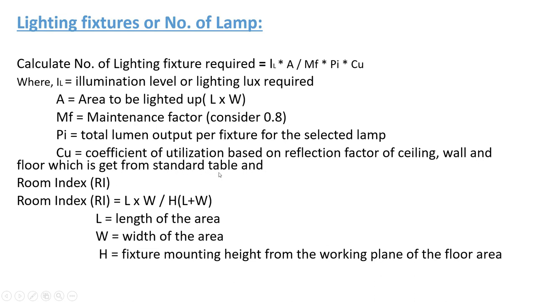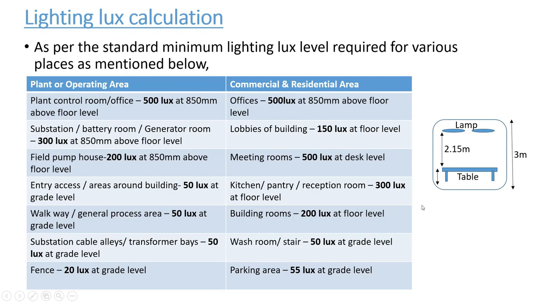For getting the values from the standard table we need to find the room index value. Room index RI equals length into width divided by height into length plus width. The room length and width we know, and for height we never consider the total height of the room. You have to consider this 2.15 meters. I already told you, based on the standard.